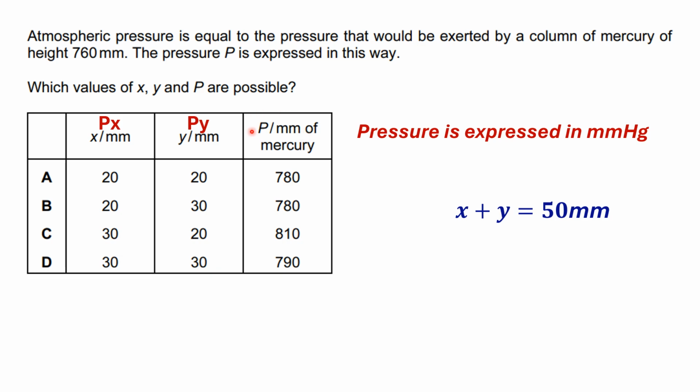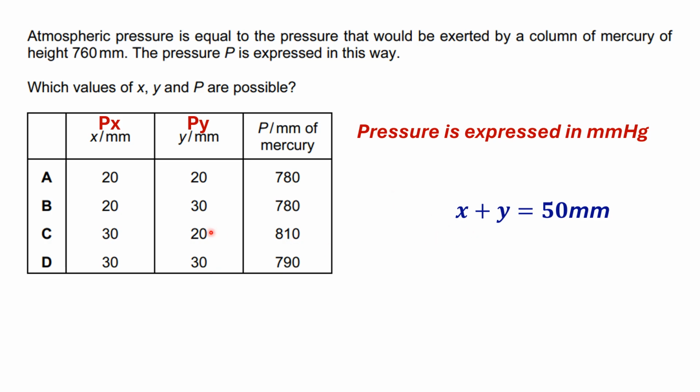And here is the pressure P that is trapped between both U tubes, in millimeters of mercury. So x and y are the levels of the mercury, both of them on different tubes, and here is the pressure at point P, which is between both tubes and they have in common.